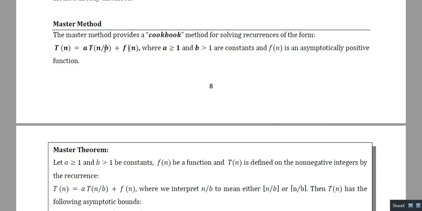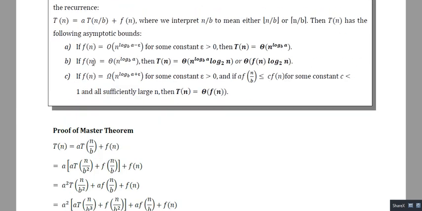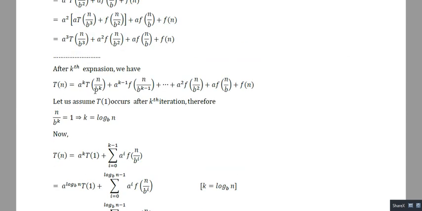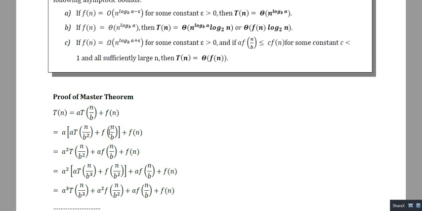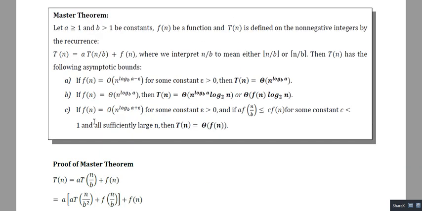And the third case is if both are the same, then how to find the solution. Here also I have given the proof. It is not for your examination, but very useful. You can just go through it. I have applied the iterative method to solve this recurrence.